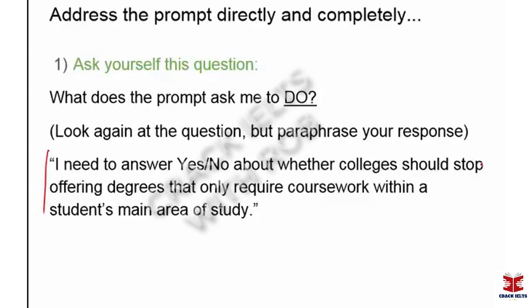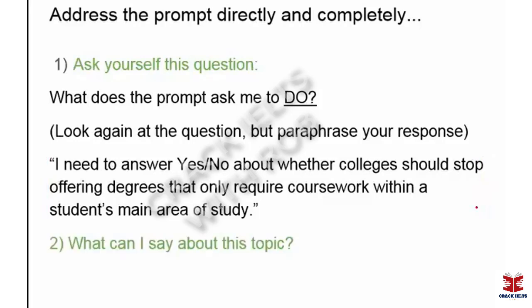You're able to say to yourself something like this: I need to answer yes or no about whether colleges should stop offering degrees that only require coursework within a student's main area of study. Okay, this is what the question is asking you to do. And if you can define that, then you know what your task is and you know what you should do next.